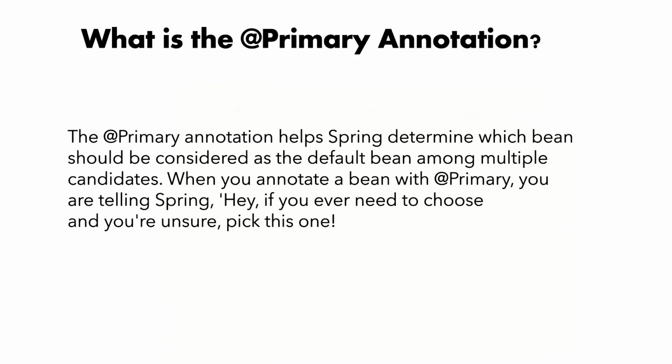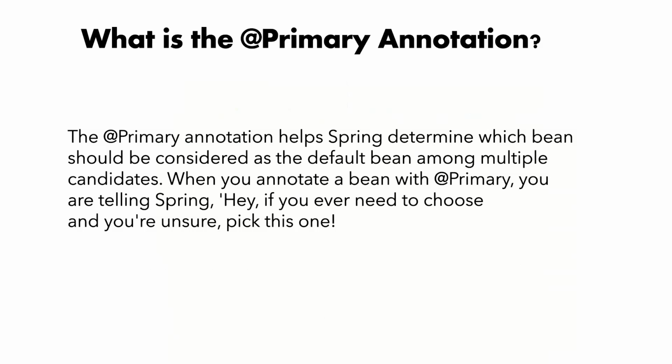Let's start with the basics. Before we dive deeper, it's important to understand exactly what the @Primary annotation is and why it's used in Spring Boot applications. In Spring Framework, and by extension Spring Boot, we often deal with situations where multiple beans of the same type are defined in the context. When Spring needs to inject such a bean by type, it faces an ambiguity if no additional details are provided.